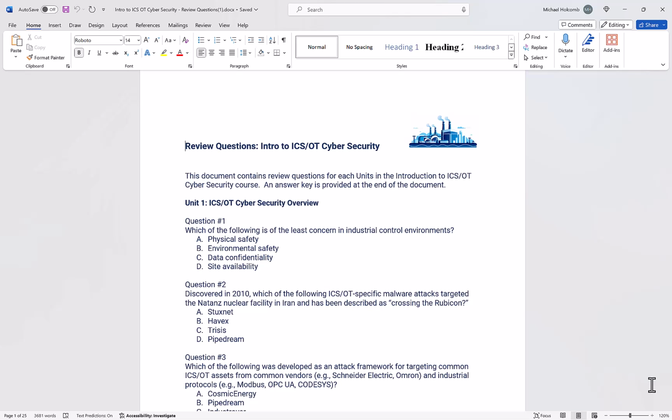Remember, Sandworm is the nation state attack group from Russia that, amongst other things, was targeting the Ukrainian power grid in 2015 and 2016 and potentially in 2017 and 2022.